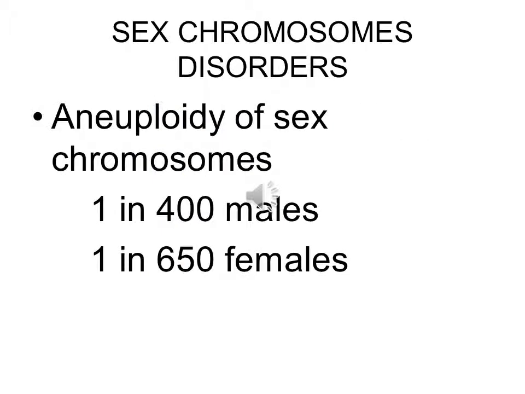Now I want to talk a little bit about sex chromosome disorders. The incidence of sex chromosome aneuploidies is fairly high. Among live births, it occurs 1 in 400 times for males, 1 in 650 times for females. Because sex chromosomes contain less genetic material than autosomes, these conditions are usually less severe than autosomal aneuploidies.